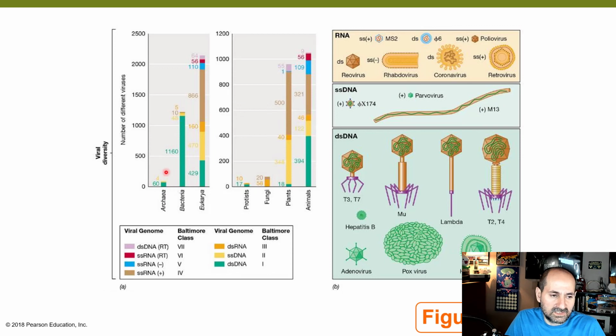I mean, they're living in extreme environments. Bacteria are a little bit more diverse in terms of what classes of the Baltimore System of viruses infect them. And eukarya, these are the most diverse in terms of the myriad types of viruses that can infect the cells and the viral diversity there.